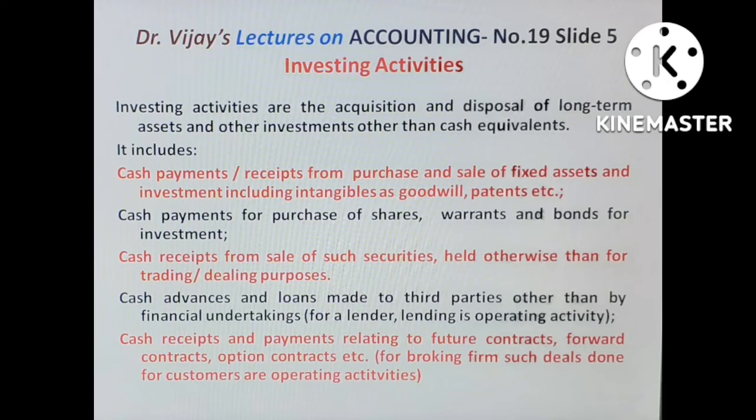Cash advances and loans made to third parties other than by financial undertakings. For a financial undertaking, lending is an operating activity. Cash receipts and payments relating to future contracts, forward contracts, option contracts, etc. For a broking firm, such deals done on behalf of customers are operating activities. In short, the investing activities reflect on the asset side of the balance sheet.